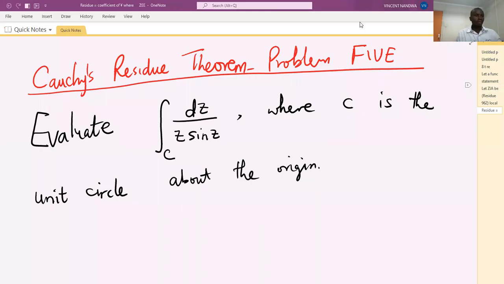Welcome again. So I have a problem to solve here, testing an application of Cauchy's residue theorem. We have to evaluate the integral along a unit circle about the origin of the function 1 over z sine z. This is a solution.